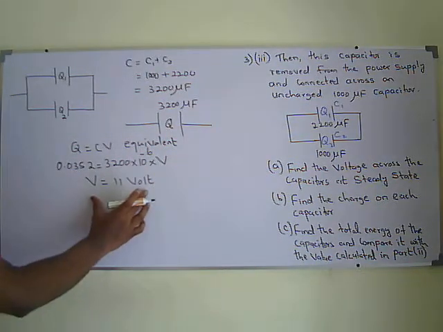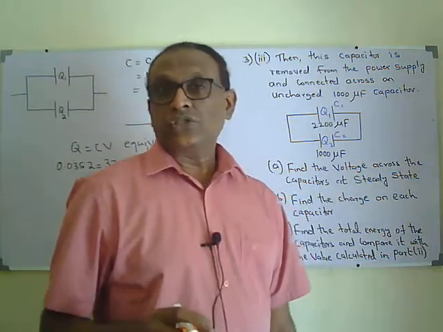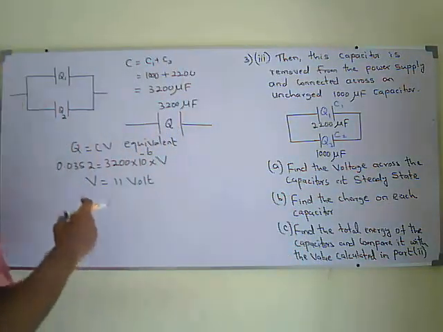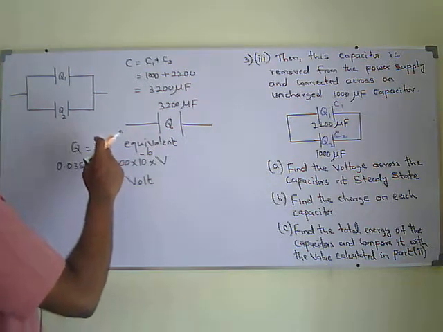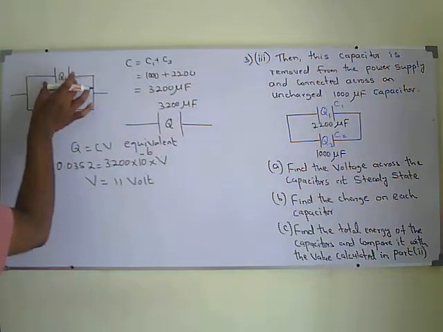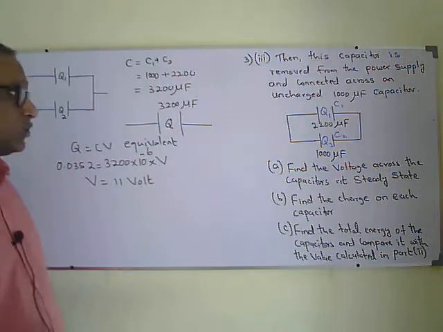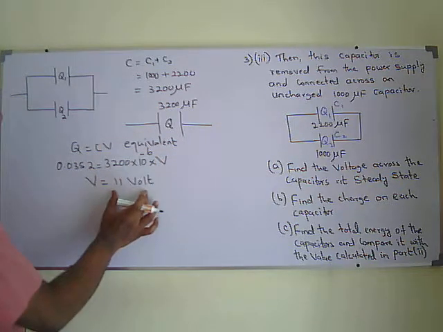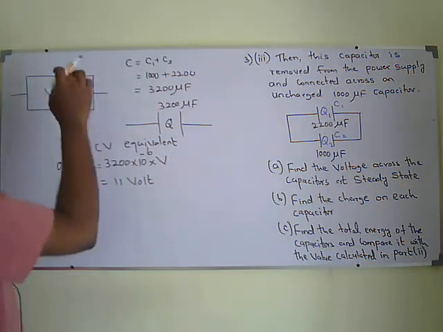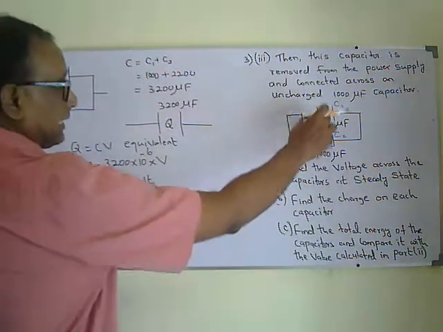So I found the voltage across the equivalent capacitor, but in my previous video, I told you that when capacitors are connected in parallel, the voltage across the equivalent capacitor will be the same as the voltage across each and every capacitor connected in parallel. So that will be the voltage across these two capacitors when they are connected like this.